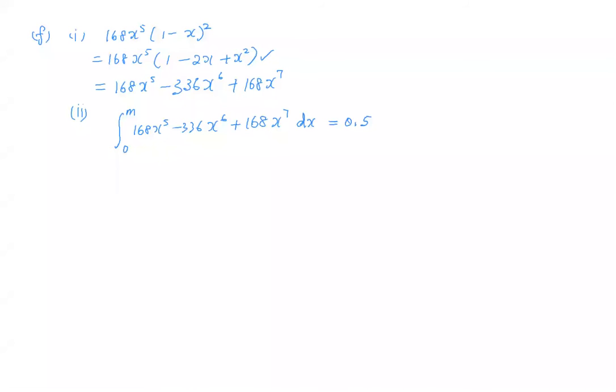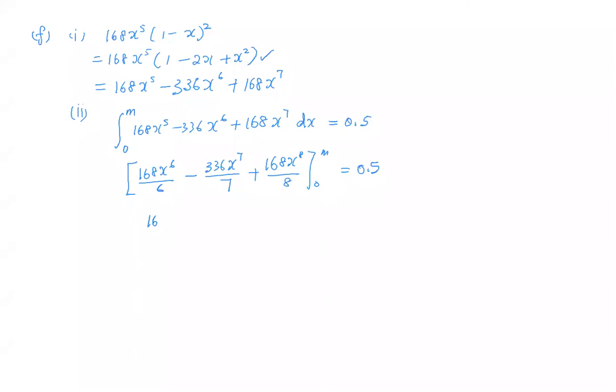Are you okay? So you have to show 168 x to the power 6 divided by 6, take away 336 x to the power 7 divided by 7 plus 168 x to the power 8 divided by 8, 0 to m equal to 0.5. Okay, then what you need to do is you at least must substitute with m.